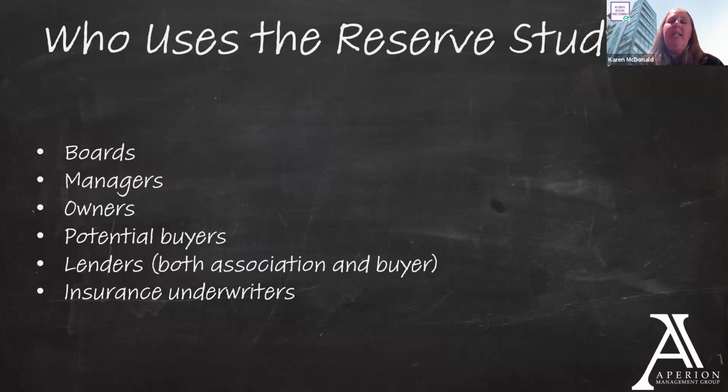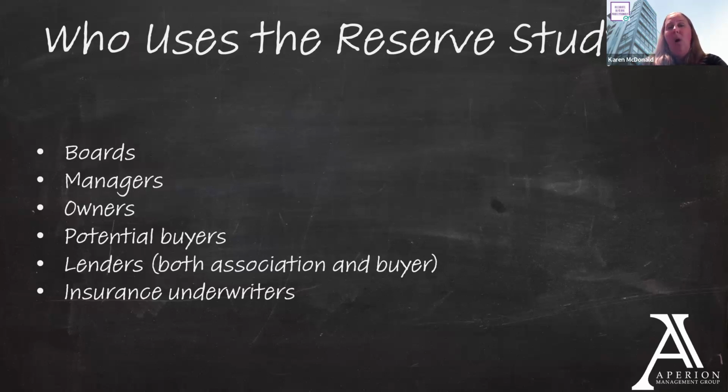But as part of that lending process, they will review the reserve study. And they will often ask for what is called a post-construction reserve study, which is a reserve study that shows the project that you are taking the loan for has been completed, so that the association knows what its reserve position going forward looks like.